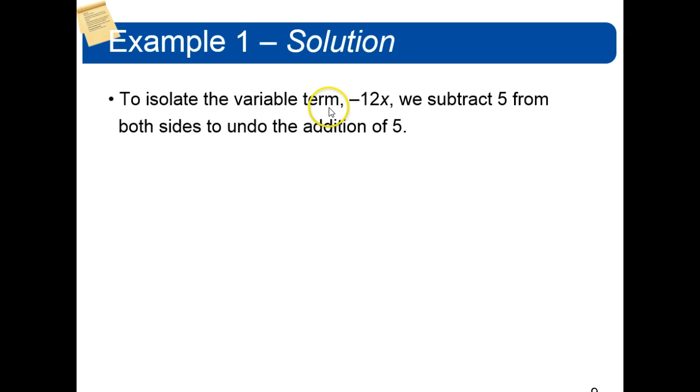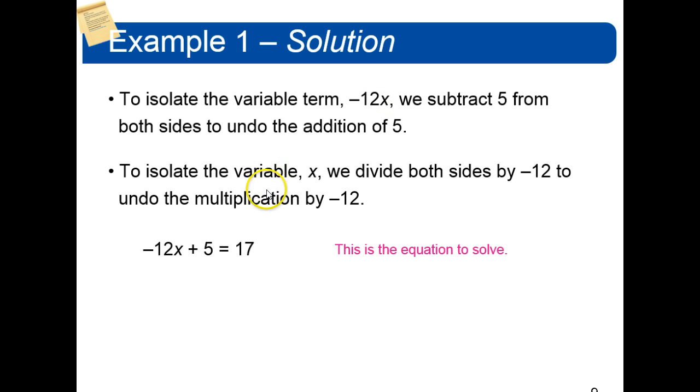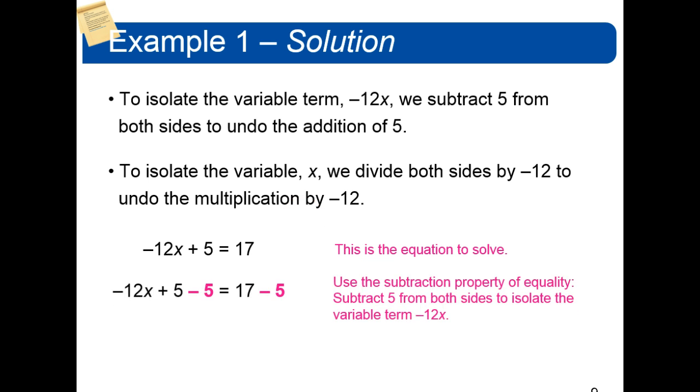To isolate the variable term, the term that has the x in it, we subtract 5 from both sides to undo the addition of 5. To isolate the variable x, we divide both sides by negative 12 to undo the multiplication by negative 12.